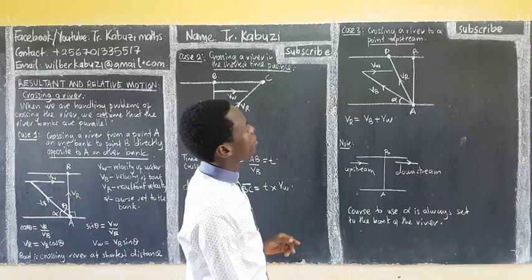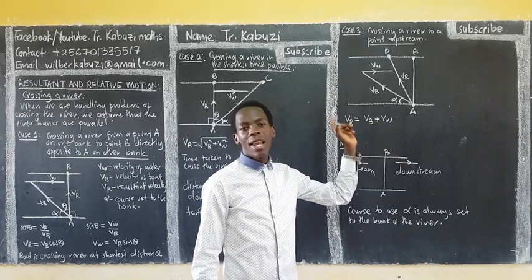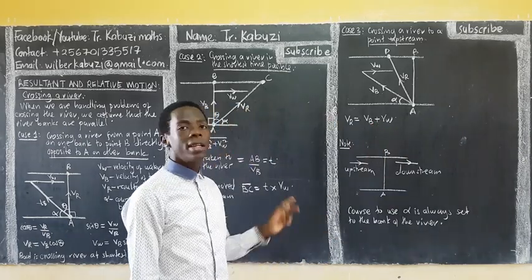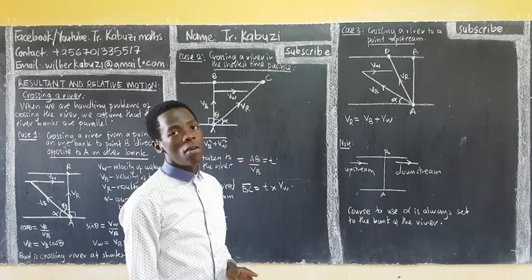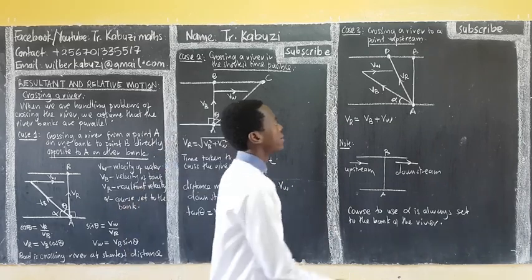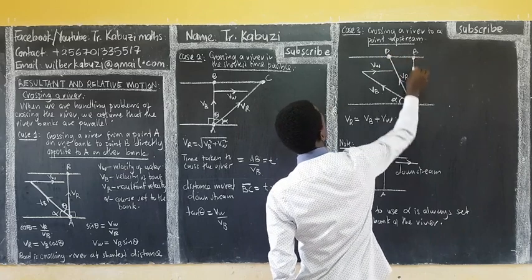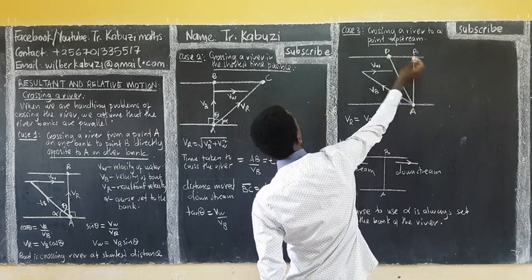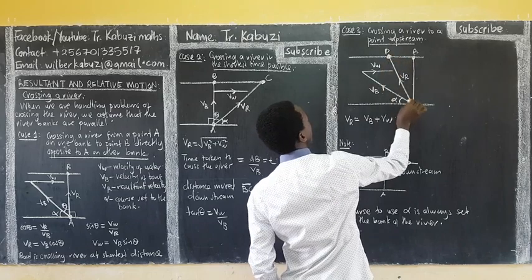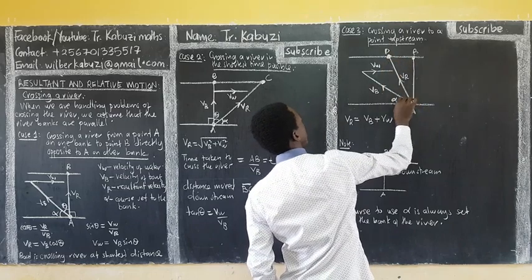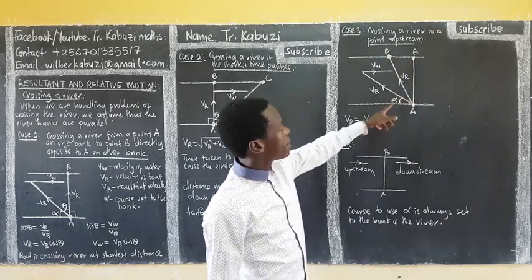Crossing the river upstream, here you are experiencing a lot of resistance because you are going opposite to the direction of the flow of the river. If I want to go upstream, if this is AB, and upstream is this side, then to go to this point I should set a course to this bank.